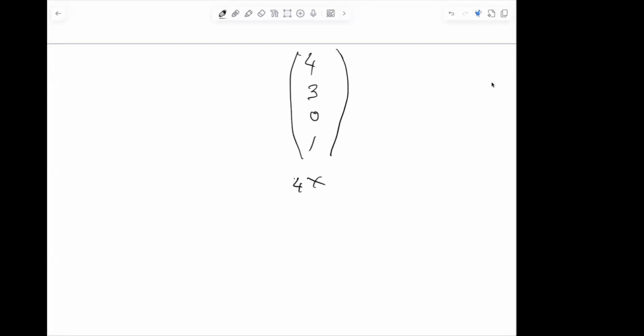It's 4 over 1, right? Because we have 4 rows and 1 column. This means that I can multiply this thing with anything that has 4 columns. So for example, I can multiply it with a 4 by 4 matrix. Right?